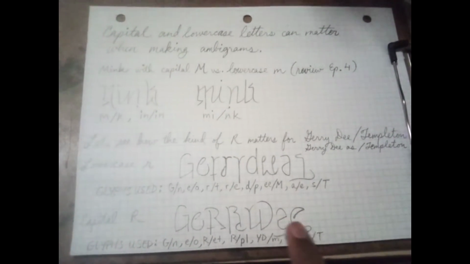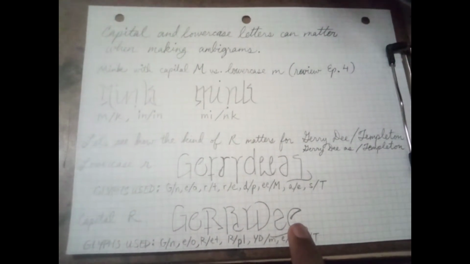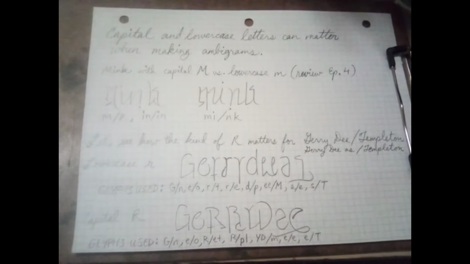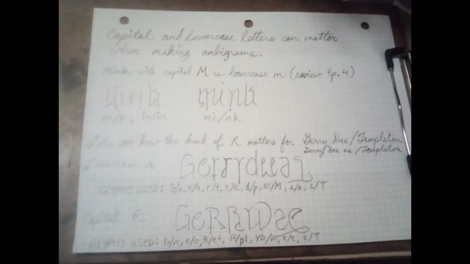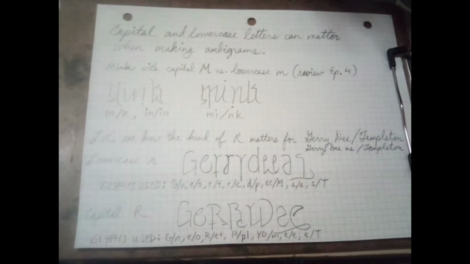So this last E makes a cursive style T upside down. And that's how capital and lowercase can matter when making ambigrams.